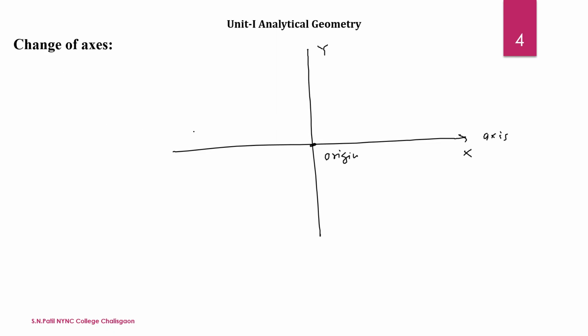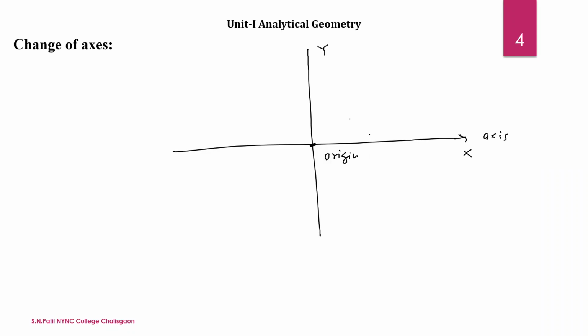The change of axis, otherwise transformation of coordinates, means we shift the origin to a particular place, or we change the direction of the axis. In this way, we change the axis, and this process is nothing but the transformation of coordinates.